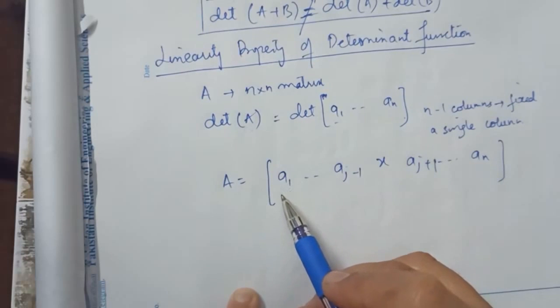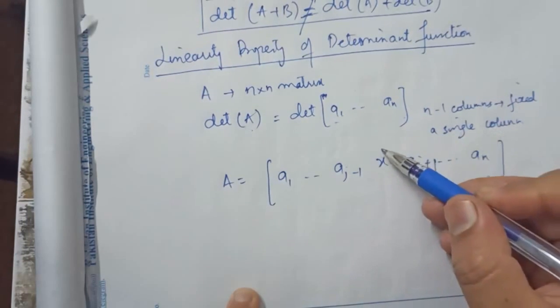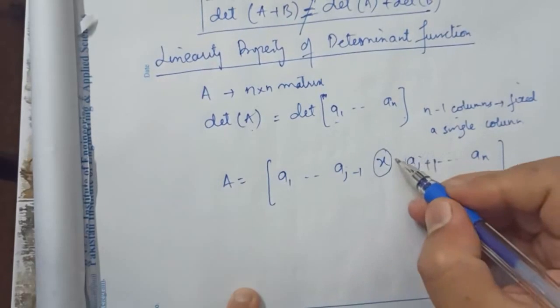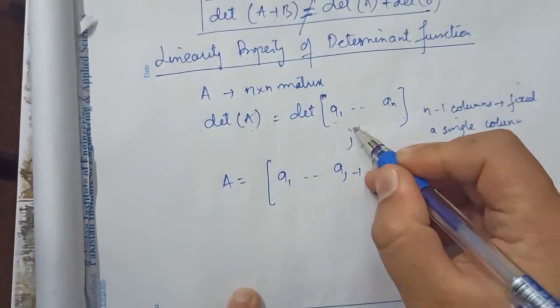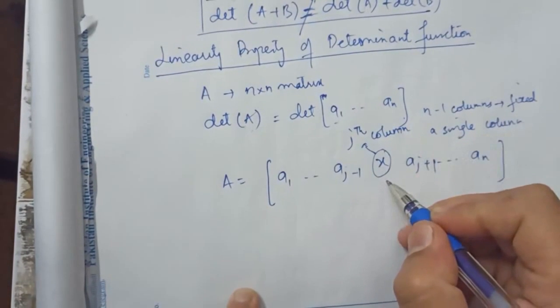Now I have fixed n minus 1 columns and replaced one of them, the jth column, by a vector x.